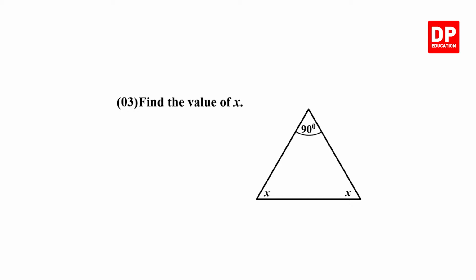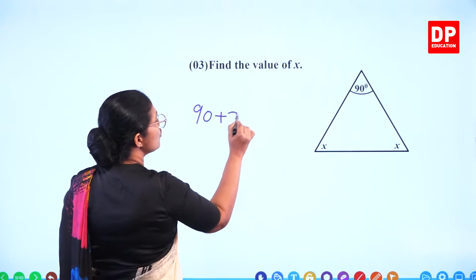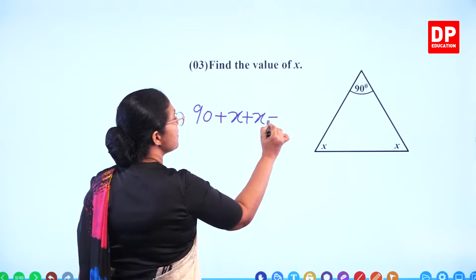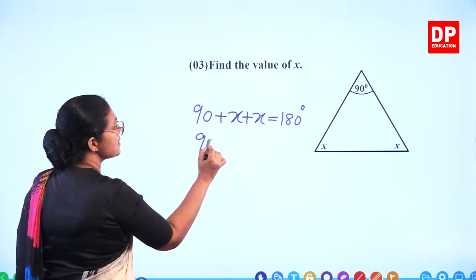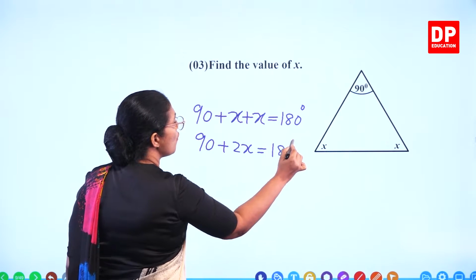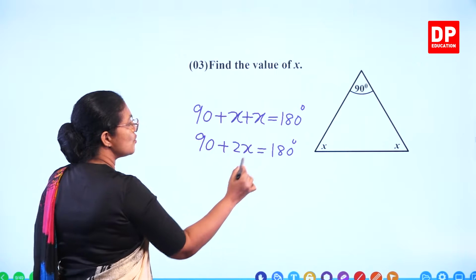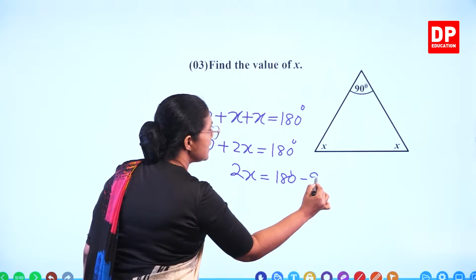Question number 3. Find the value of x. In this triangle, the sum of angles in a triangle is 180. So 90 plus x and x should be equal to 180. So you get 90 plus 2x is 180 and solve for x. Take 90 to the other side. 2x becomes 180 minus 90.